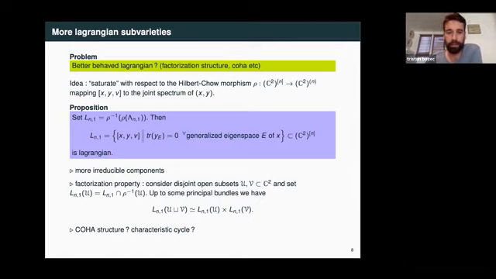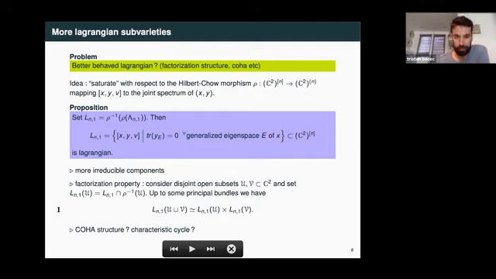So what I mean here is that if one considers two disjoint open subsets in C2, where we want the eigenvalues of XY to be, I can define Ln1 of U like this.